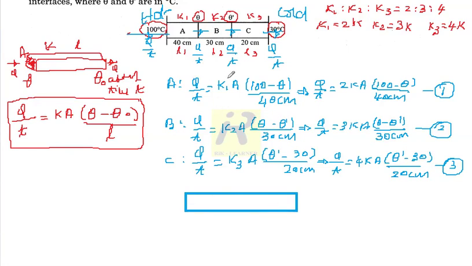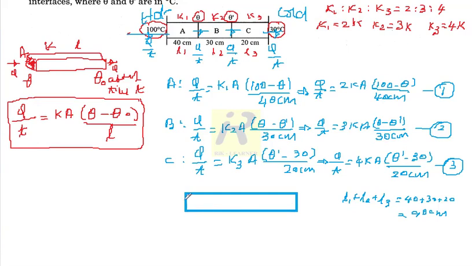This is L1 plus L2 plus L3, which is 40 plus 30 plus 20, equal to 90 centimeter. So this is how a single appearance of the combination of these three conductors looks.